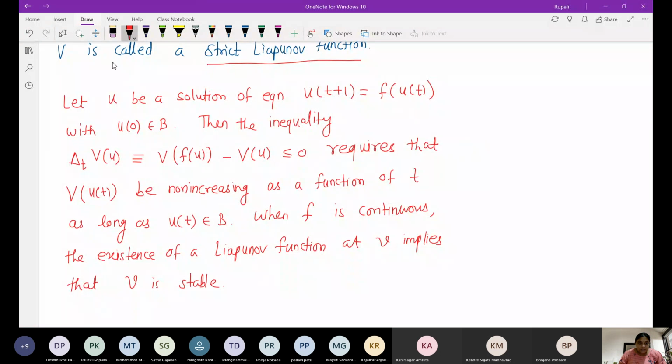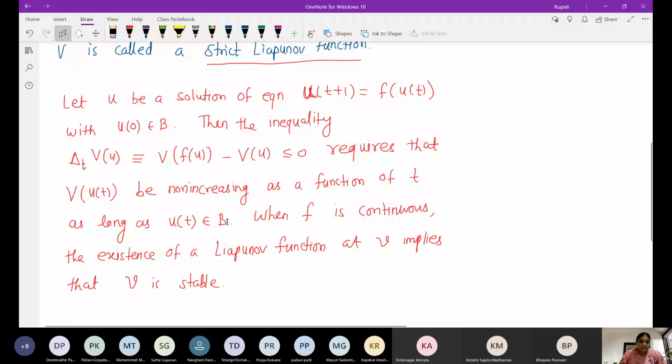So whenever we want to check stability of solutions of this equation, u at t plus 1 is equal to f of u t with u at 0 belongs to B, then this inequality requires that the Liapunov function be non-increasing as a function of t, because we are saying it is less than or equal to 0, as long as u t belongs to B. So when f is continuous, the existence of a Liapunov function at V implies that V is stable.